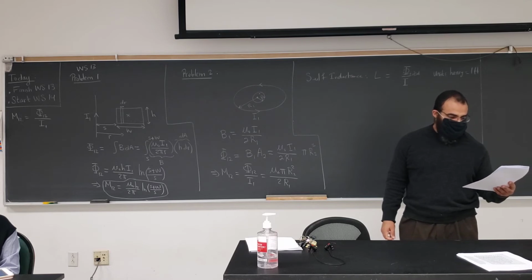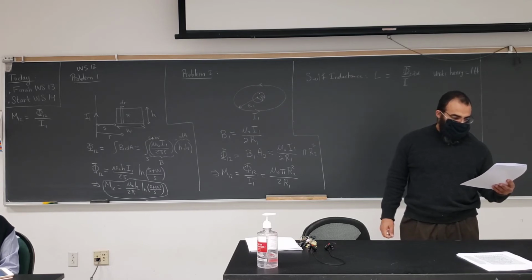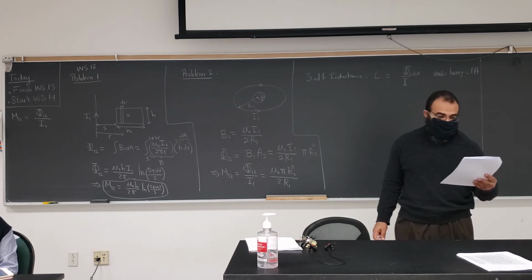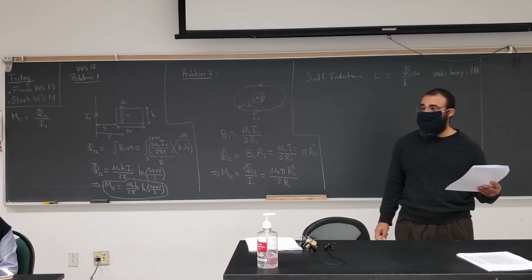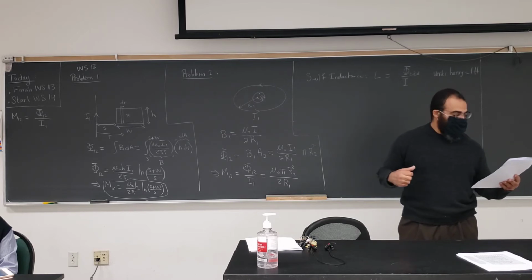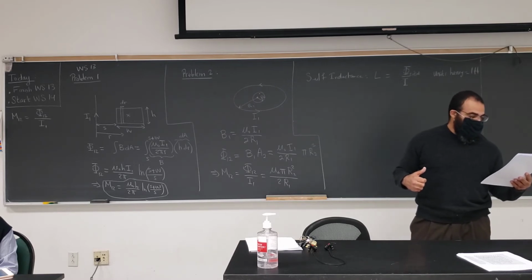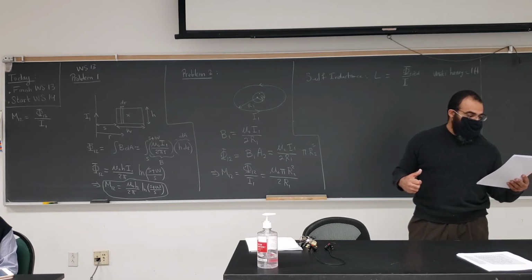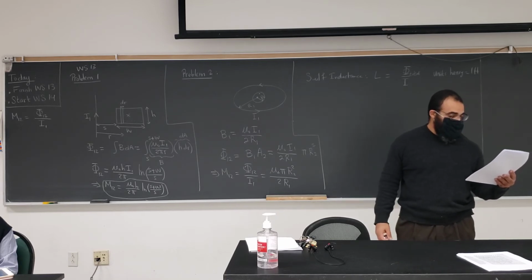Meaning there may be more than one. A says the SI unit for the inductance is the Henry. Is that true? Yes, because we just said that. Now you have to verify B, C, D, E.